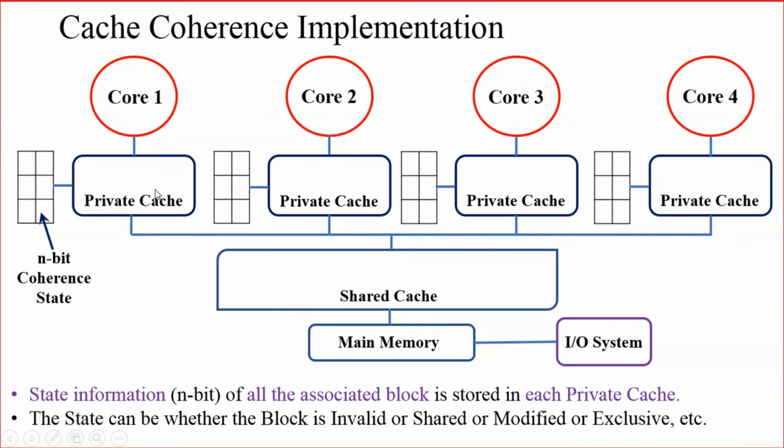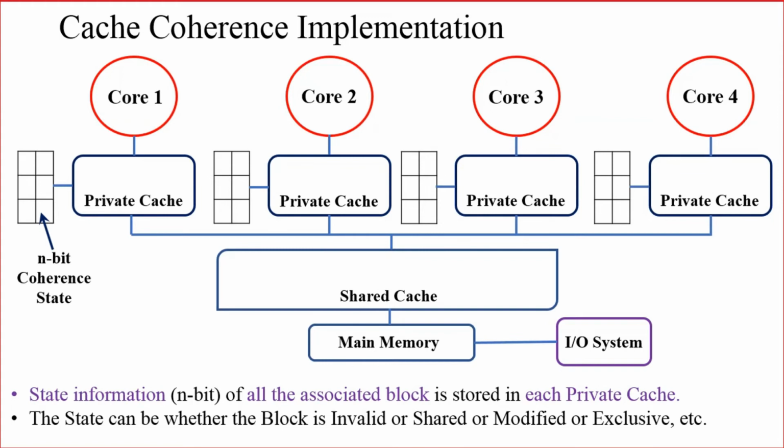Let us take in this private cache of core 1, 10 blocks are there. So each block will have an associated coherent state. What are those states? Examples of coherent states are invalid, shared, modified, exclusive, etc. Based on the protocol we are using for designing the cache coherency, there are various types of states available.